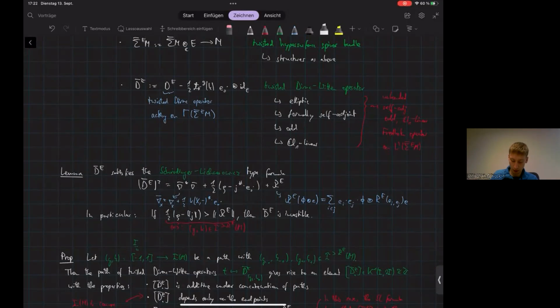And in particular, this will be a positive operator if the dominant energy condition is strictly satisfied.